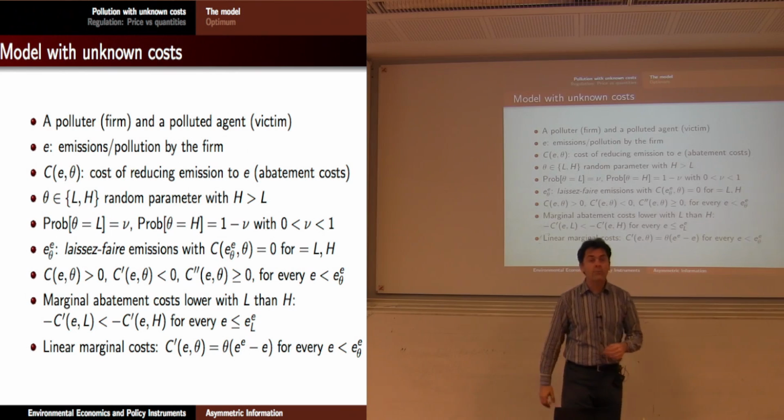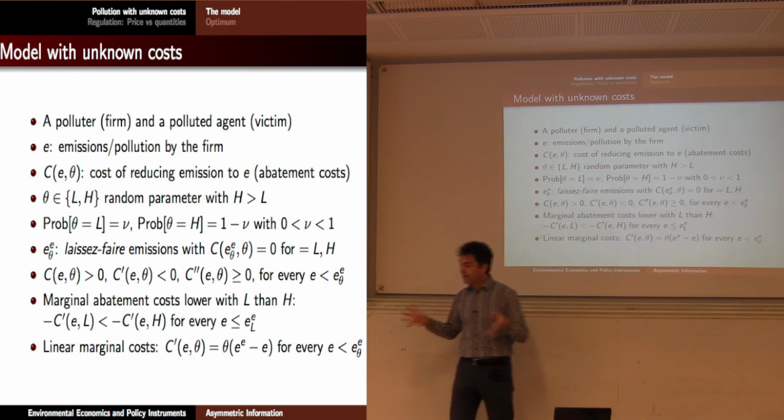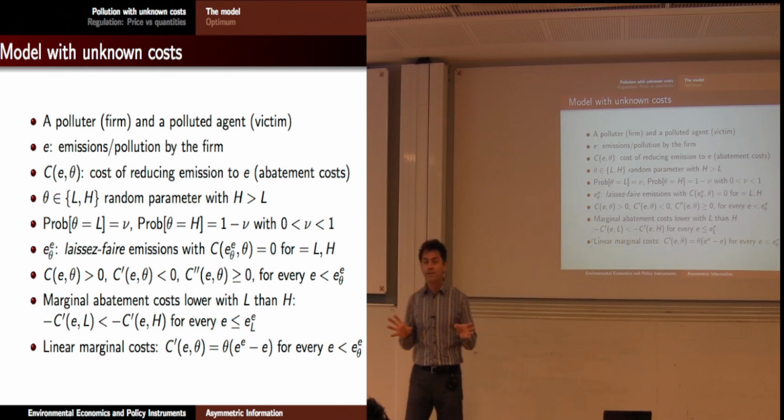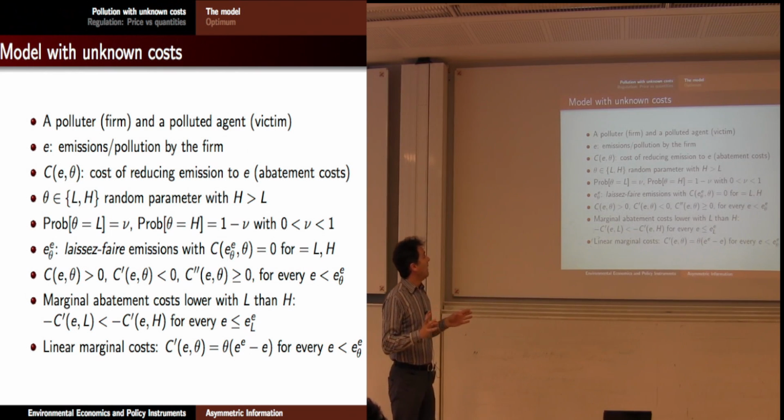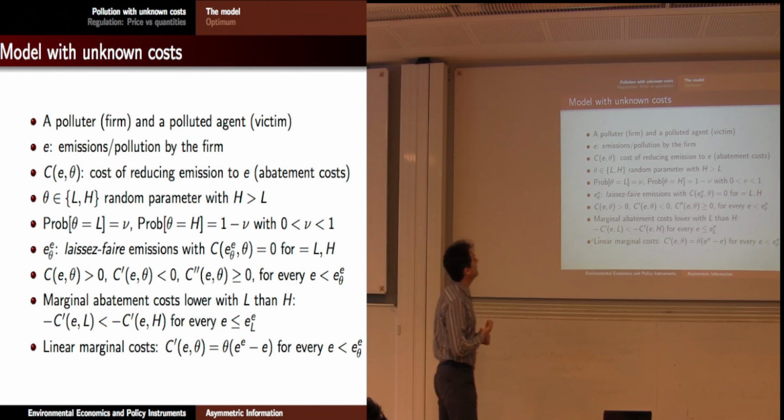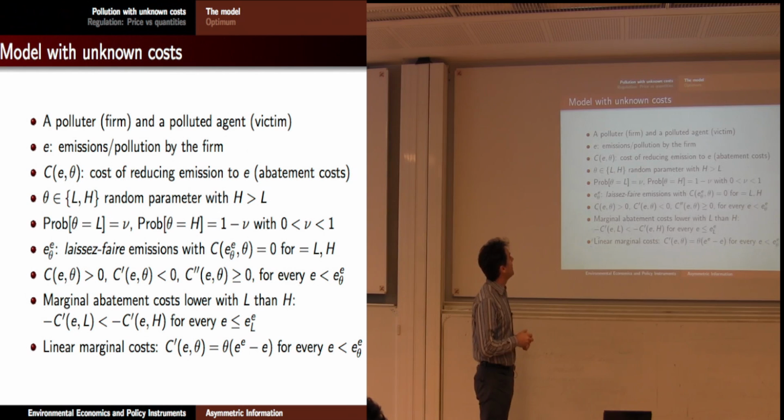Okay, so let's move into the model. What I need are two agents, one polluter and one victim, or a set of agents that are victims of pollution, so one polluted agent. Okay. So you will recognize, I guess, some standard model you are using in this course. There are two ways to model this problem.